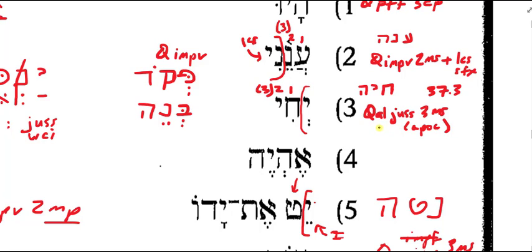Number 4, I have ehyeh. And here, thankfully, I actually see a lot of my letters, even though this is a doubly weak verb. So what do I have? Well, this looks like a form of haya, right? With an aleph prefix. So where do I see aleph prefixes with the segol here?